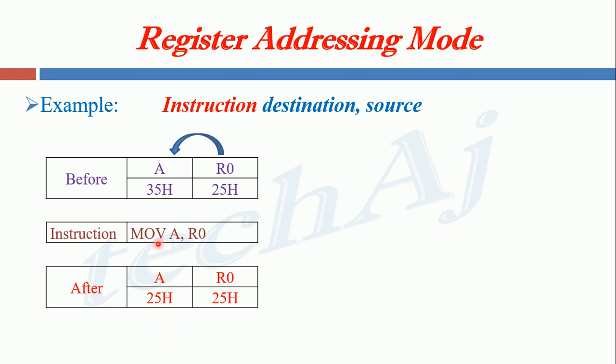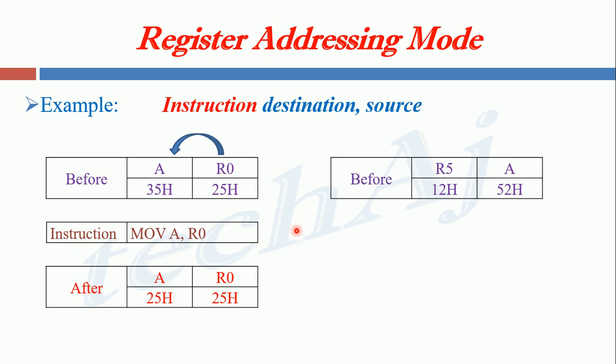Always remember that the move instruction will copy the value from source to destination. Hence the value of the source is not affected. Similarly, in another example, the initial value of R5 is 12H and the accumulator has 52H.